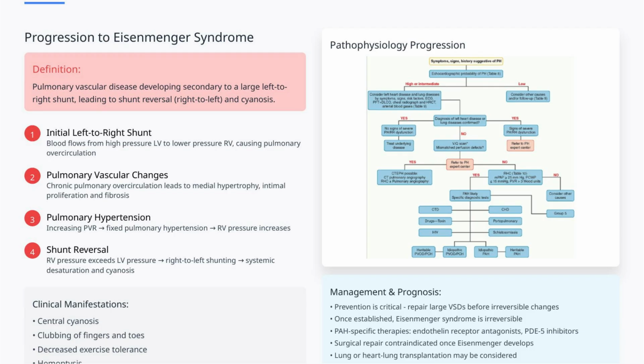Eisenmenger syndrome. This represents the end-stage complication of an unrepaired large VSD. Initially, a large VSD causes left-to-right shunting with pulmonary overcirculation. Over time, this excess pulmonary blood flow leads to reactive changes in the pulmonary vasculature, including medial hypertrophy and intimal proliferation. These changes cause progressive increases in pulmonary vascular resistance and pulmonary arterial pressure.